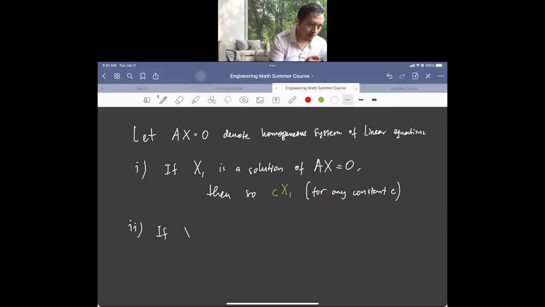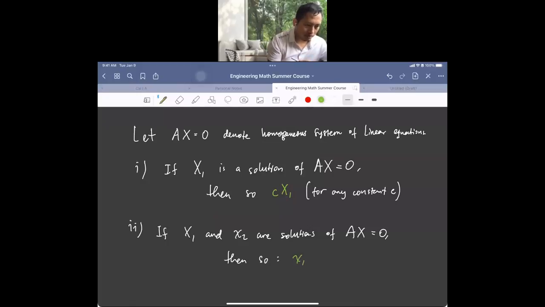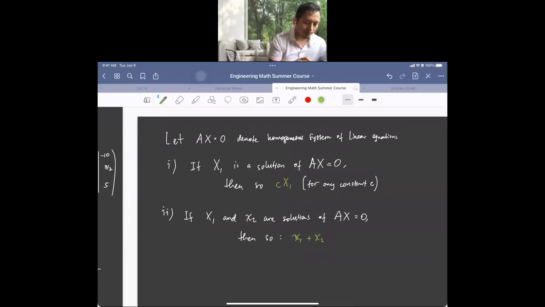And then the second property: if x1 and x2 are solutions of Ax equals 0, then so is x1 plus x2.